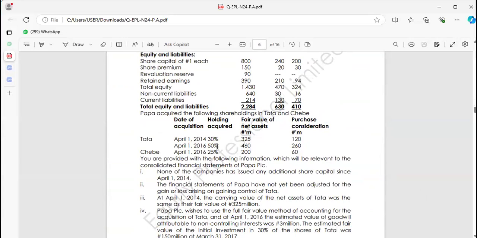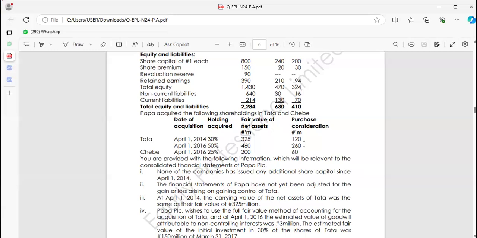On 1st April 2016, you acquired 50% at the cost of 260. I will now say, this 30%, what is the fair value of it on 1st April 2016? They cannot be the same figure.